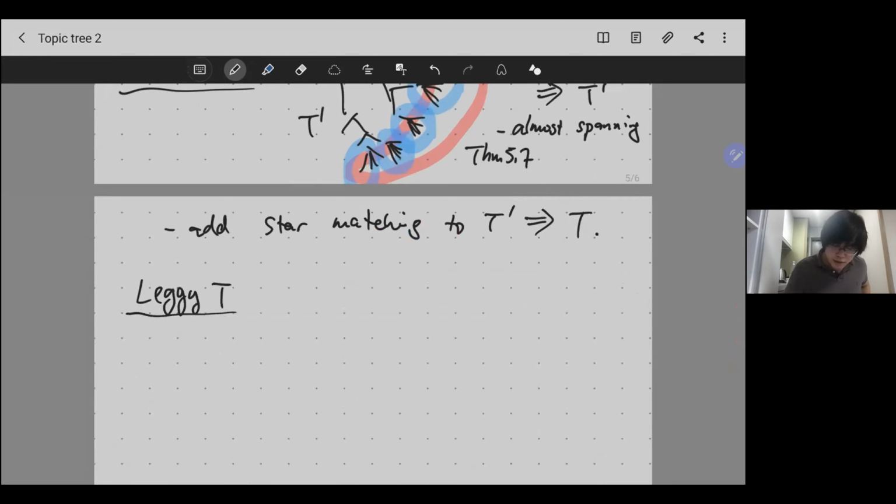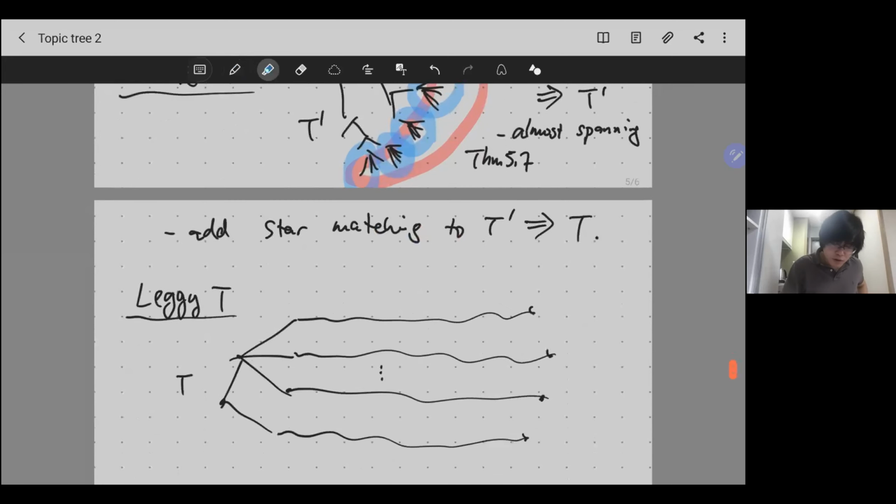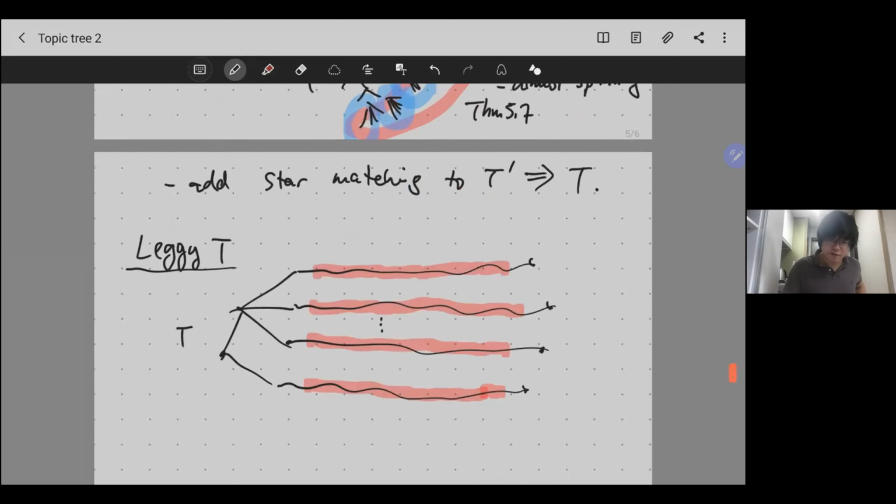The laggy tree looks something like this. You have lots of these bare paths. Now what I do is that I will also delete, but I delete the internal vertices of these bare paths. So what you're left with is a forest T double prime, right?